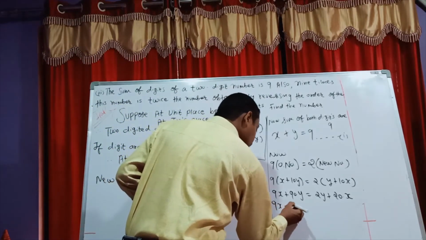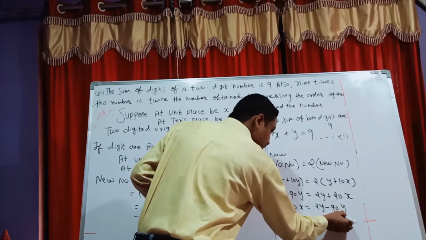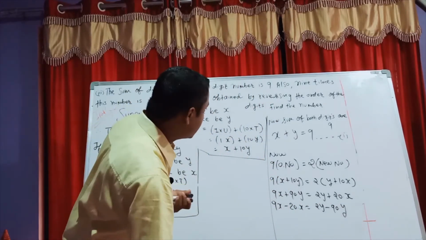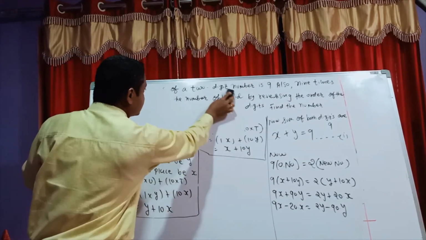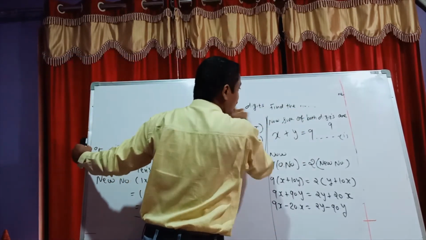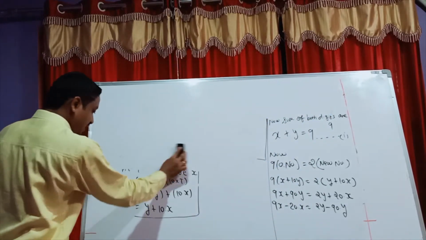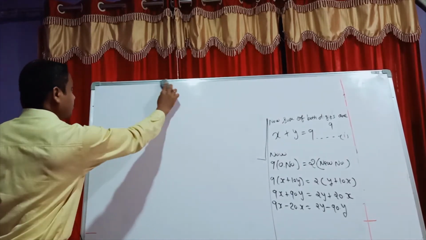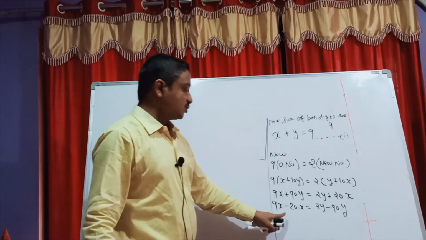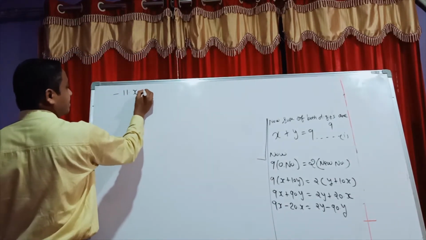9x minus 20x, 2y minus 90y. So how much are we getting? So 9x minus 20x becomes minus 11x.